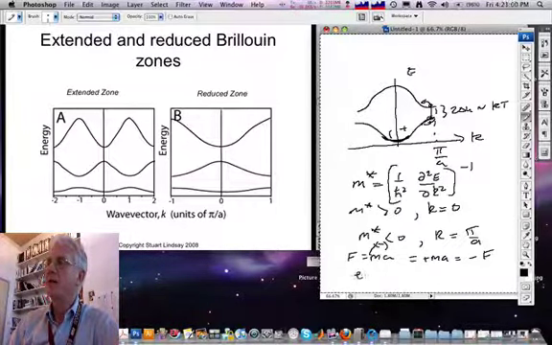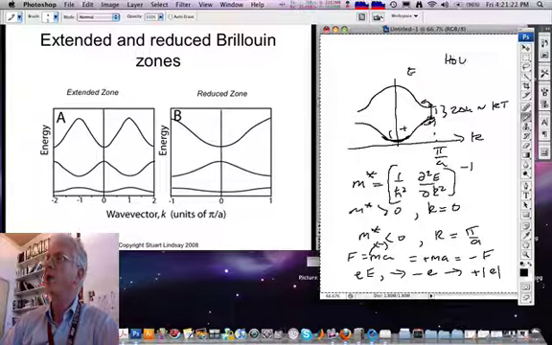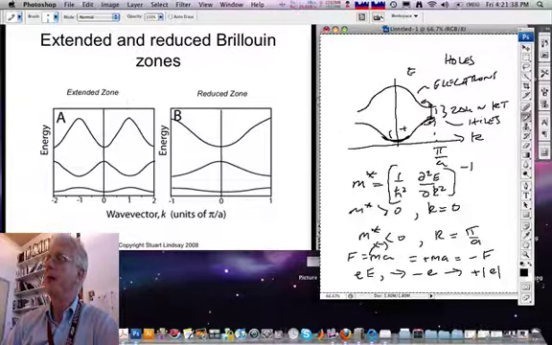And since the force is just the charge times the electric field, this is the same as changing the sign of the charge. The charge is negative, so this means that the intrinsic charge is plus e. Carriers moving in this region correspond to a motion that looks as though they are positively charged. They are called holes. So in a semiconductor, current is carried by electrons in a conduction band that is mostly empty, and by holes in a valence band that is mostly full.